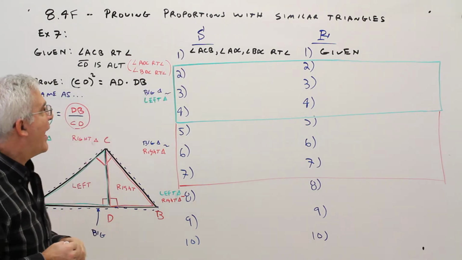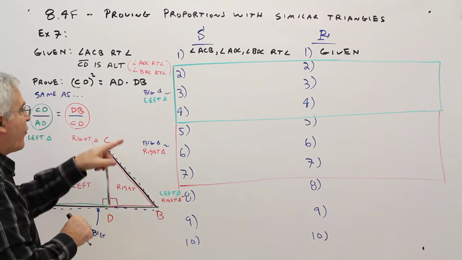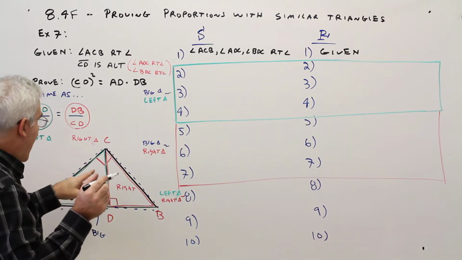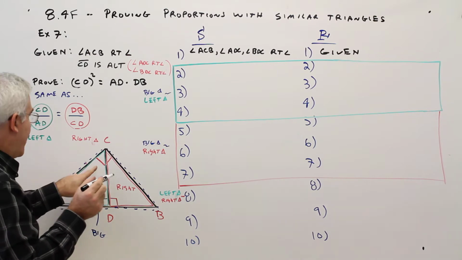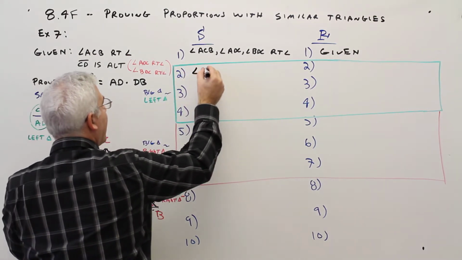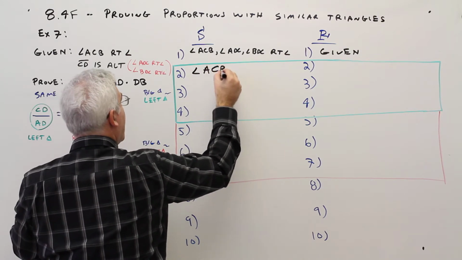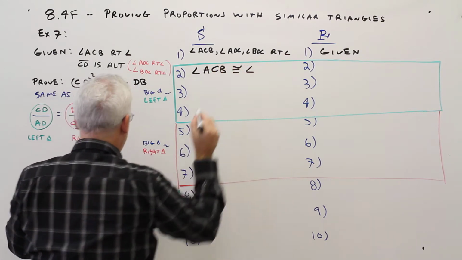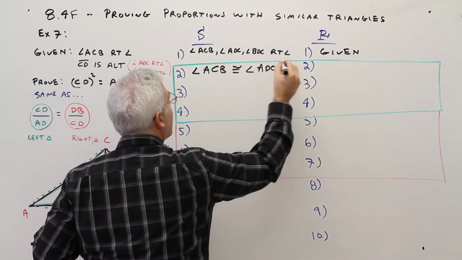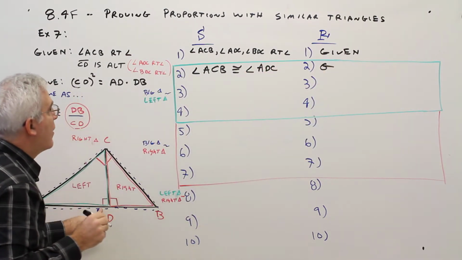I've already got the given down there. So now I'm trying to get the big triangle to be similar to the left triangle. Well, I know that the right angles are congruent, so I can say in the big triangle, angle ACB is congruent to angle ADC. That was given.